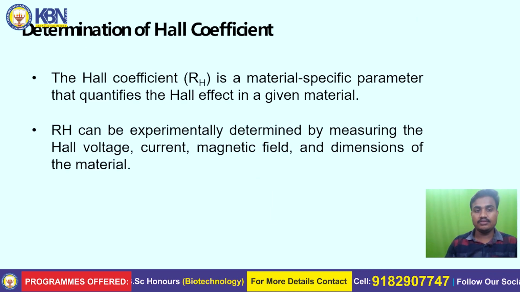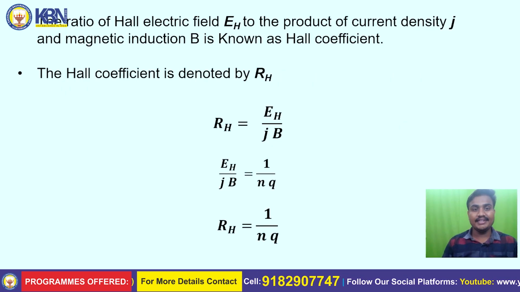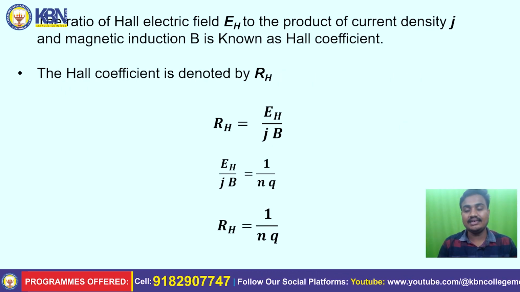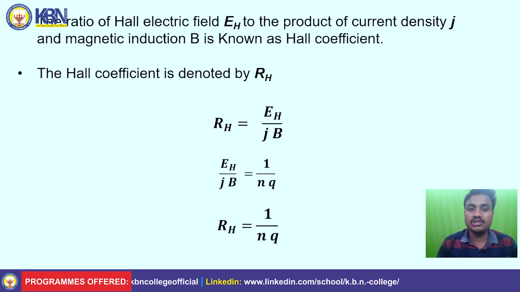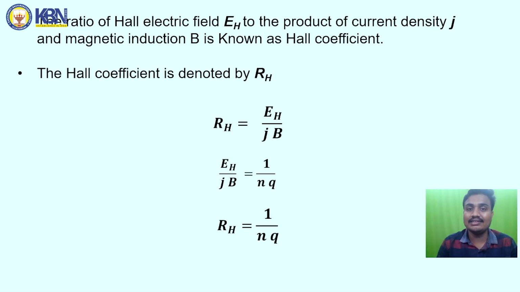As you see here, the Hall coefficient RH is the ratio of the Hall electric field EH to the product of current density J and magnetic induction B. So RH is equal to EH by JB, where RH is the Hall coefficient, EH is the Hall electric field, J is the current density, and B is the magnetic induction.